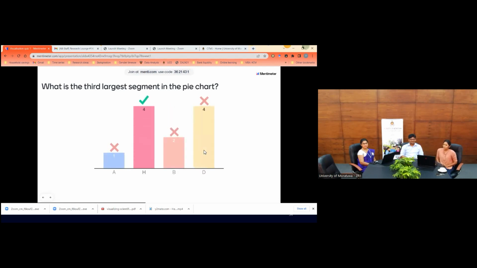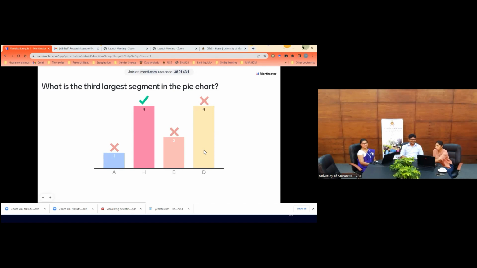What you were asked to do was to identify, in the pie chart, the third largest segment: not the biggest, not the smallest, but the third largest. We had only 11 participants, and only 4 of you got it right. 7 of you did not.